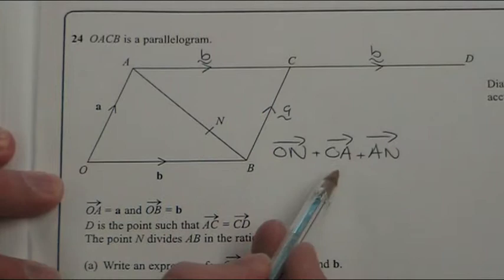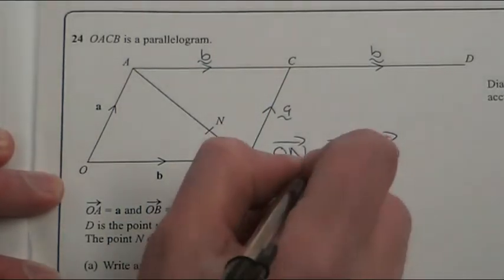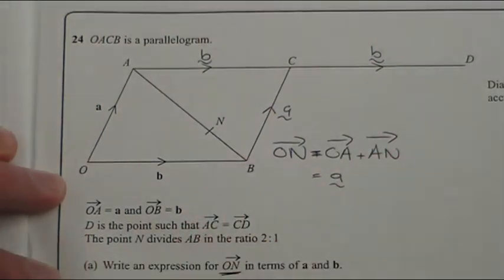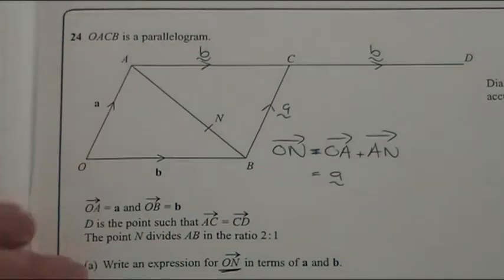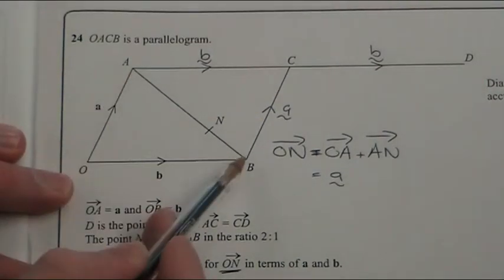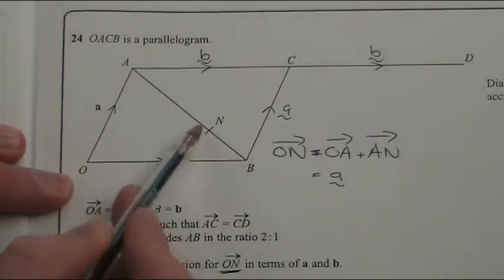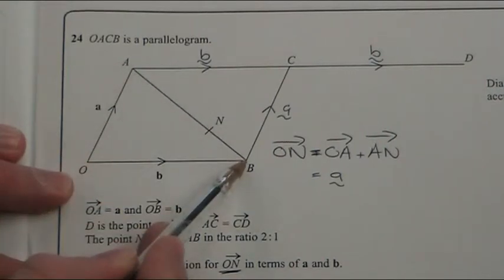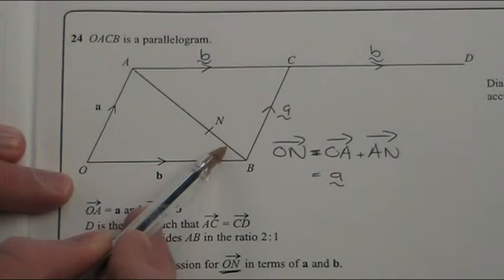So, O to N equals, sorry, that was meant to be an equals there. O to A is vector A. And please note I'm using my squiggles to show that there's a vector. Now, A to N is 2/3 of all of this journey here, because it's 2 parts, remember, and 1 part.